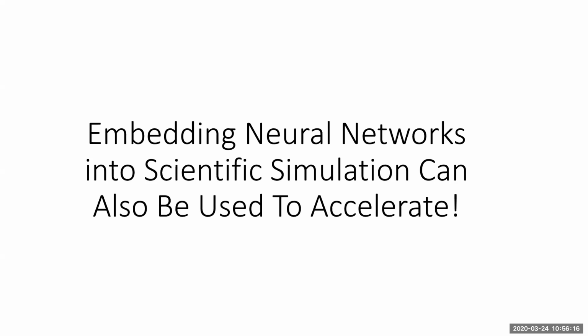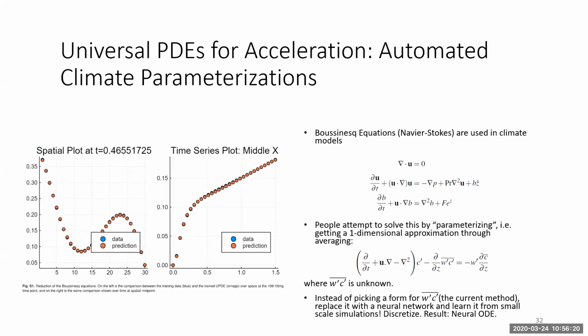But the other thing that we can do is use it to accelerate simulators. So in this case, we had the Navier-Stokes equations, and the Boussinesq version of the Navier-Stokes equations. What people generally do in these climate models is find an approximating one-dimensional PDE for the three-dimensional PDE by taking an integral with respect to x, y.